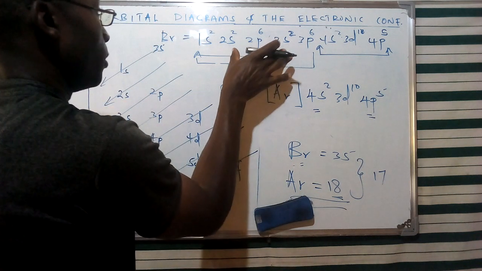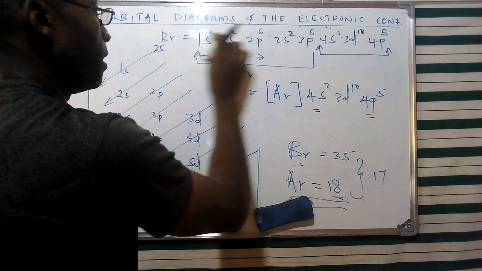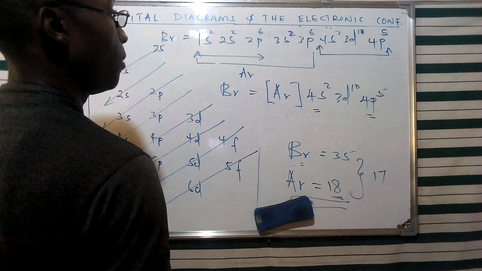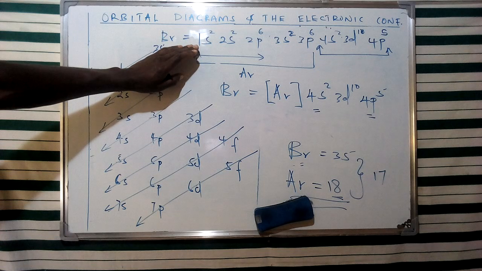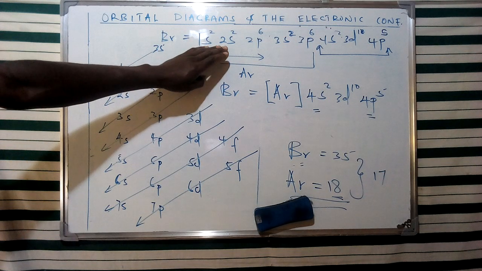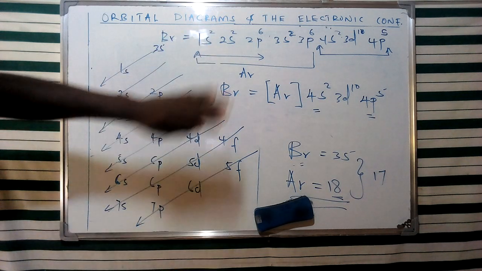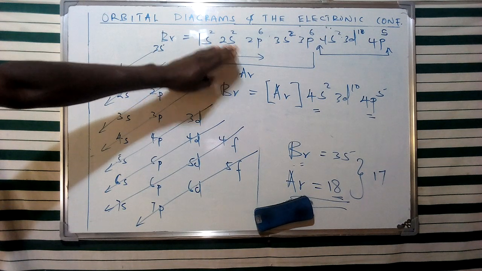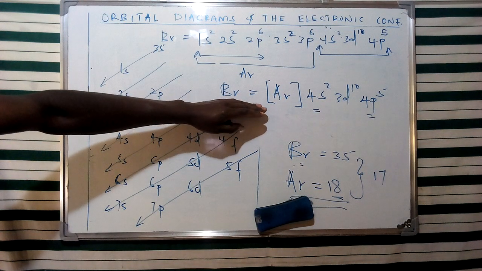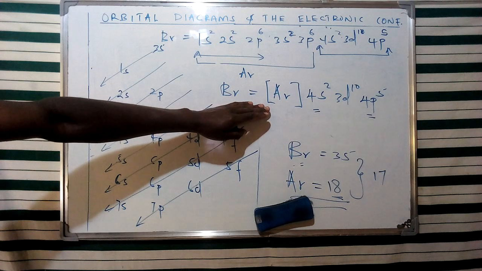So this electronic configuration is, of course, a shorthand form of the orbital diagram. The orbital diagram shows the orientation. This one does not show the orientation. And of course, this is going to use a noble gas form to show the shorthand form.